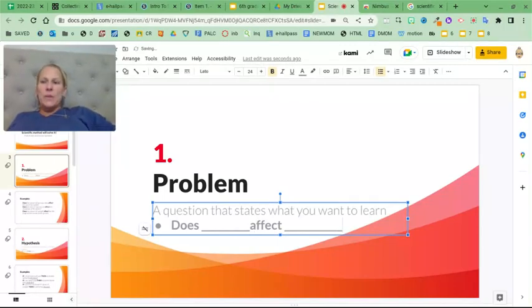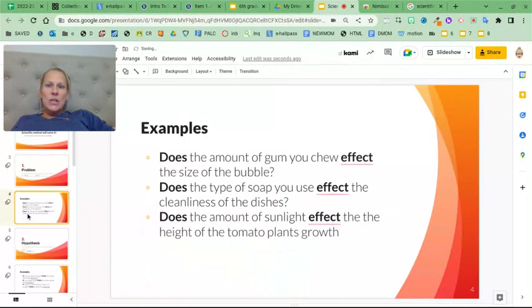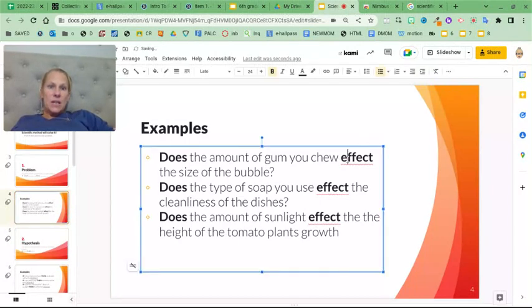You probably right away when you heard those questions want to answer them, but not quite yet. We're going to look at a few more examples. Does the amount of gum affect the size of the bubble? Does the soap you use affect the cleanliness of your dishes? And there's my one.